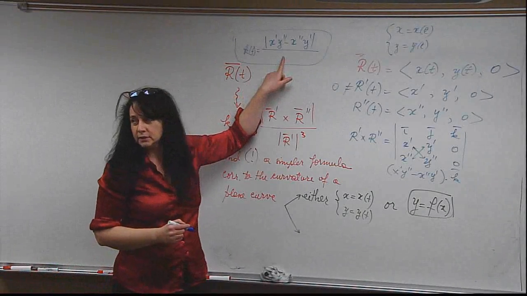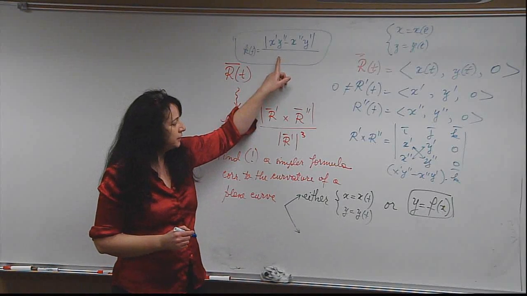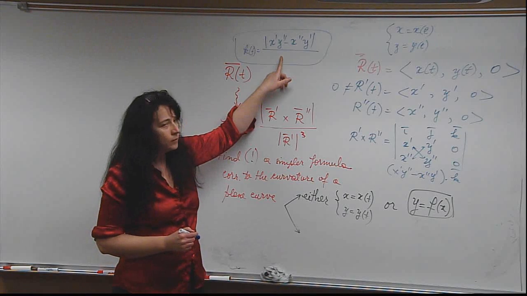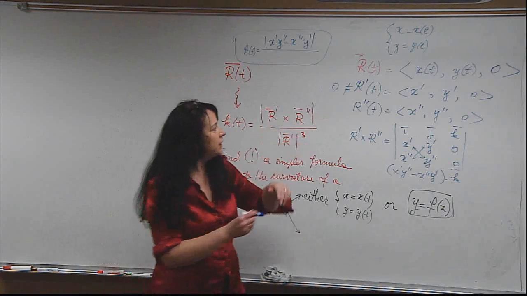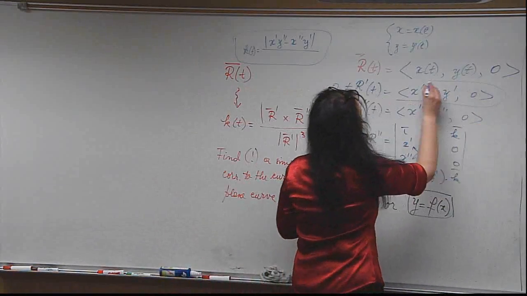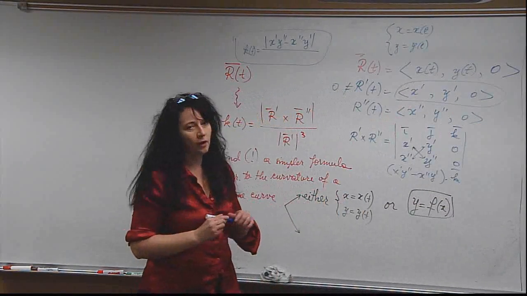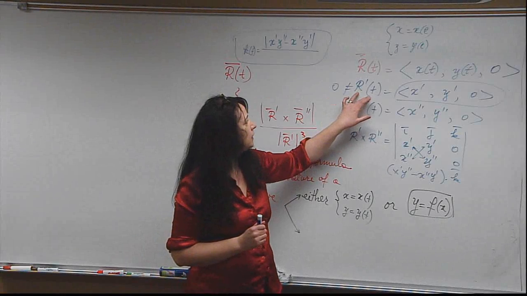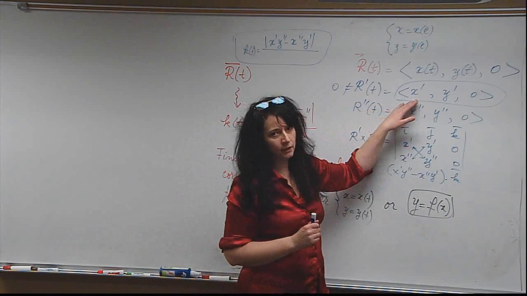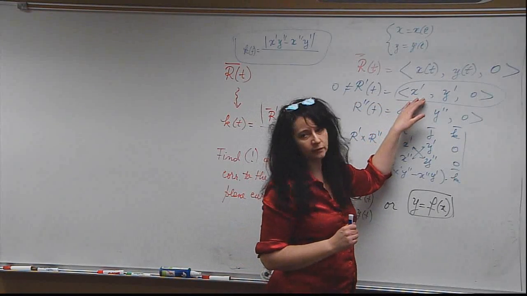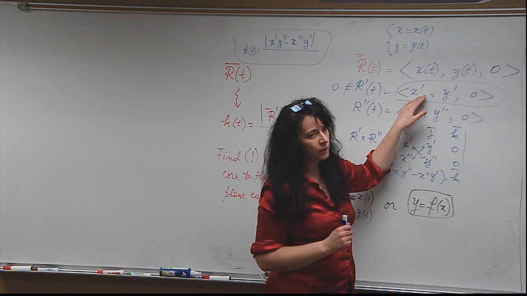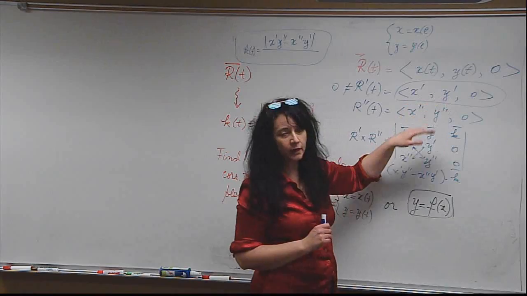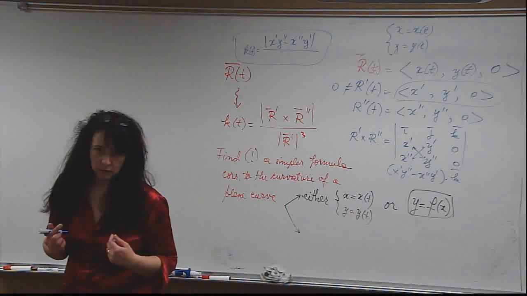So, what's to be written on the bottom? What's the speed cubed? Speed is coming from the velocity: the magnitude of the velocity is the speed. That is the square root of x prime squared plus y prime squared, and I cube that.